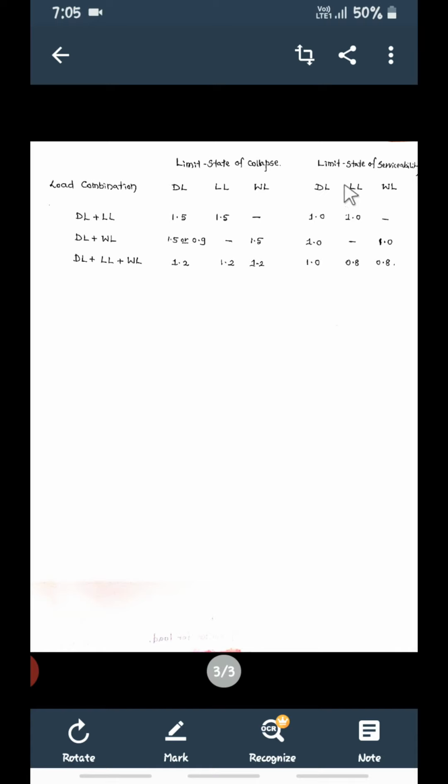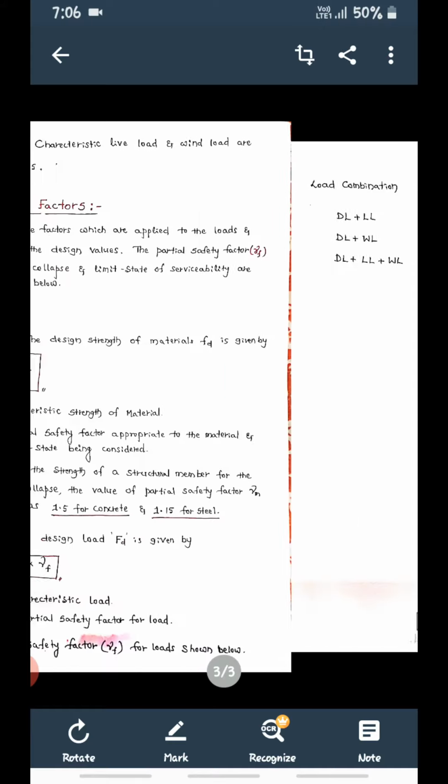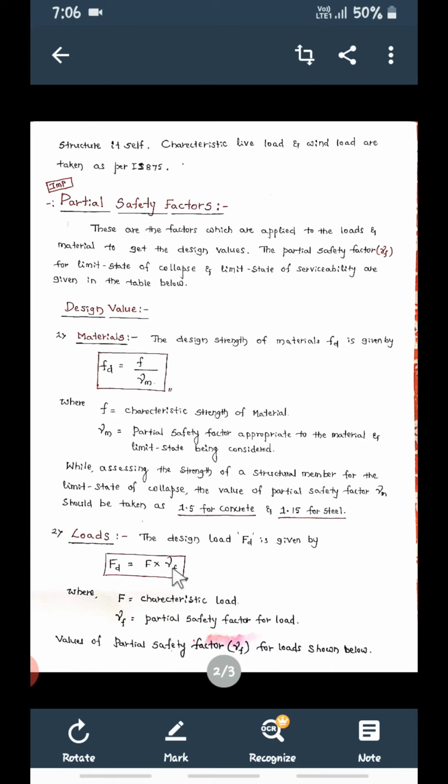Similarly for limit state of serviceability, gamma f for dead load is 1 and for live load is 1. These are the gamma f values we are going to consider.